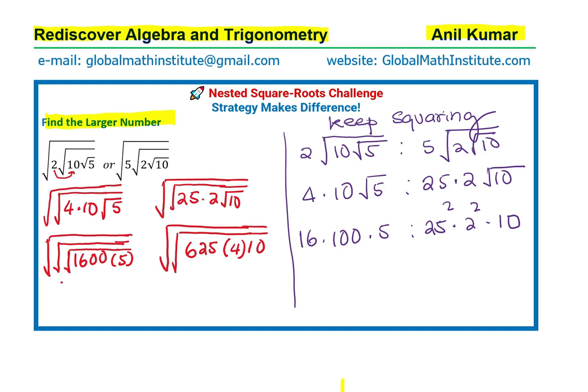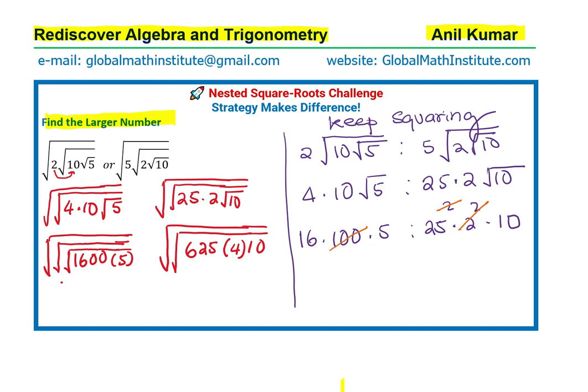Now, the idea is to figure out which one is bigger. Well, to check this out, instead of multiplying, we could actually simplify. For example, 25 times 4 is 100, so we could cancel 25 and 4, and the 100 cancels off.